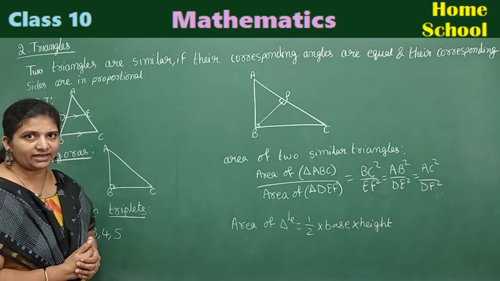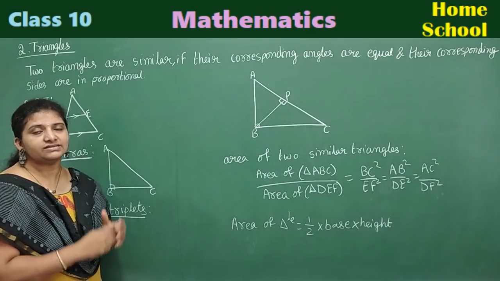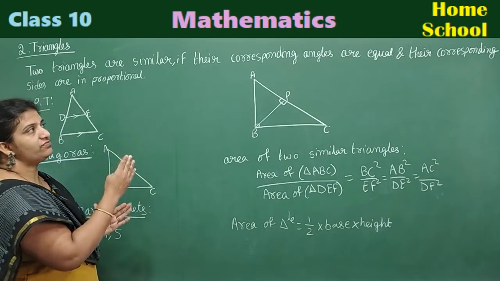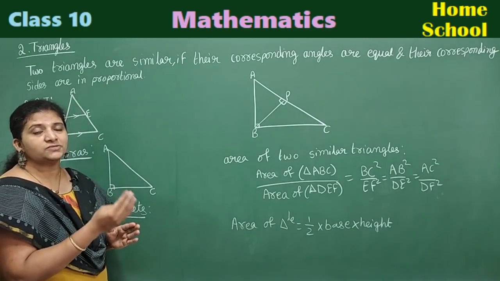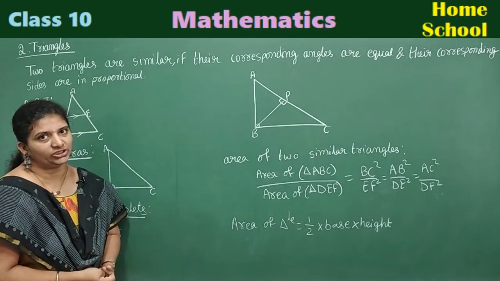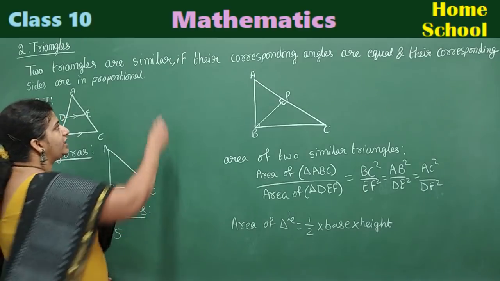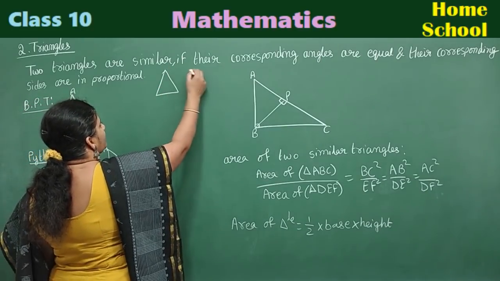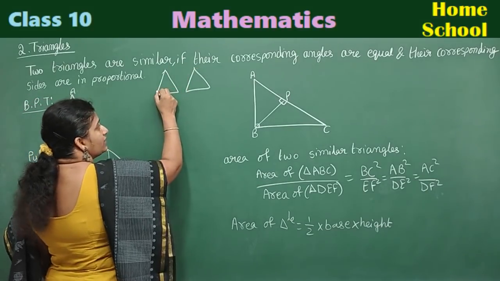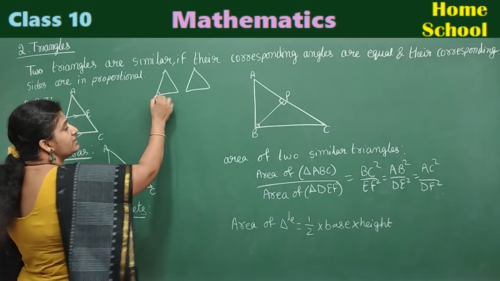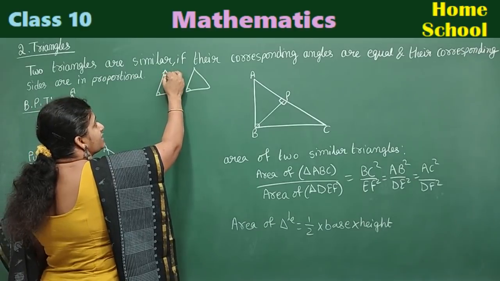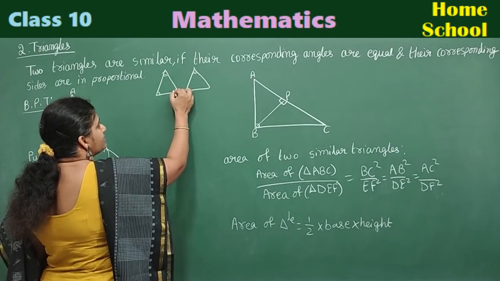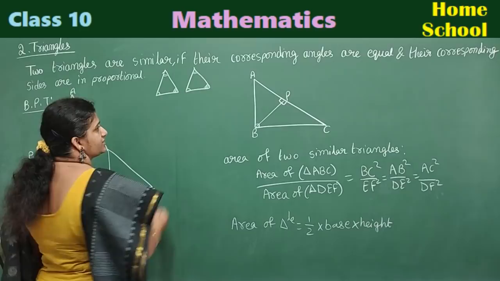What are similar triangles? Two triangles are said to be similar if their corresponding angles are equal and their corresponding sides are in proportion. See here, corresponding. Suppose these two triangles are there, the corresponding angle means this angle corresponds to this, and this corresponds to this, and this angle corresponds to this.